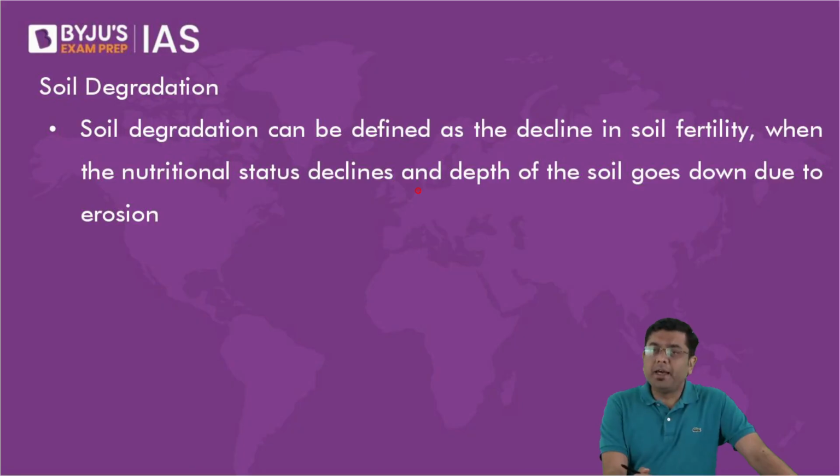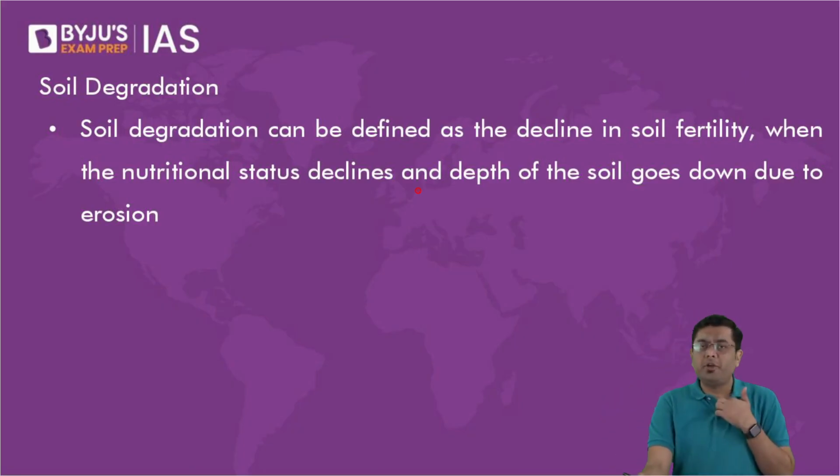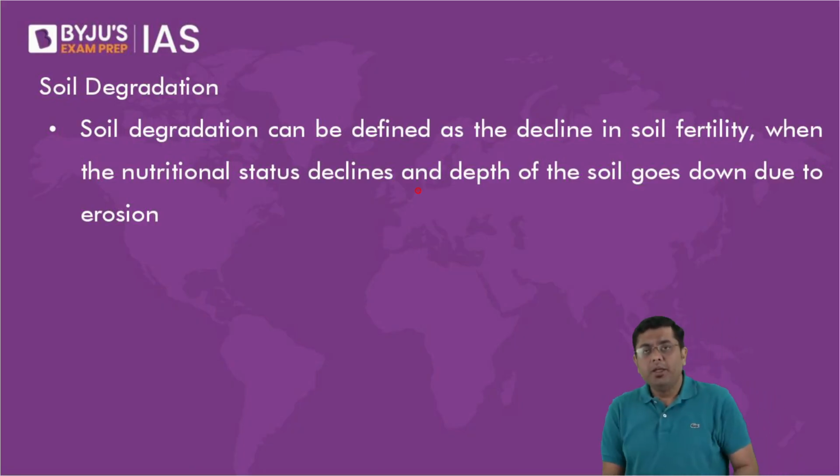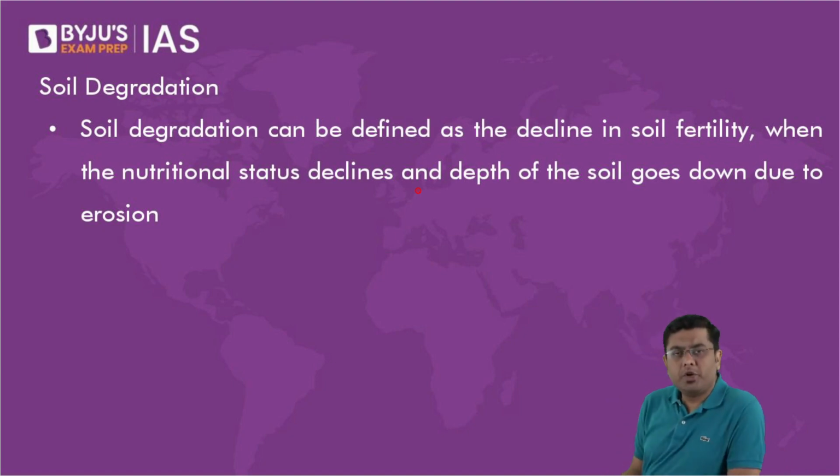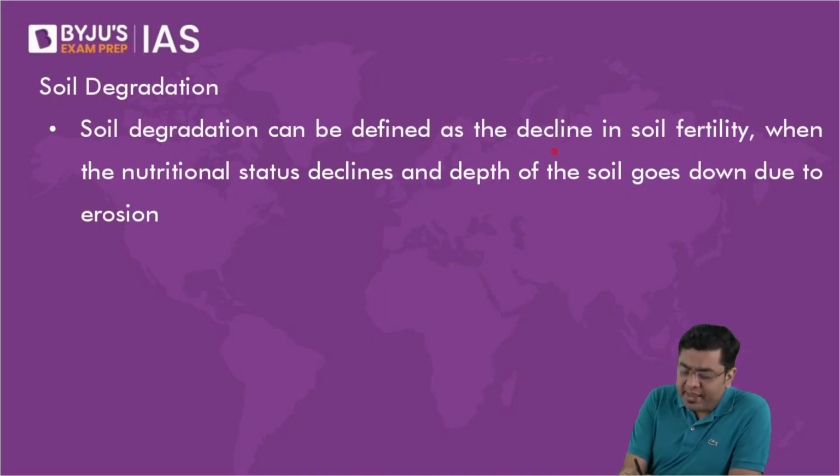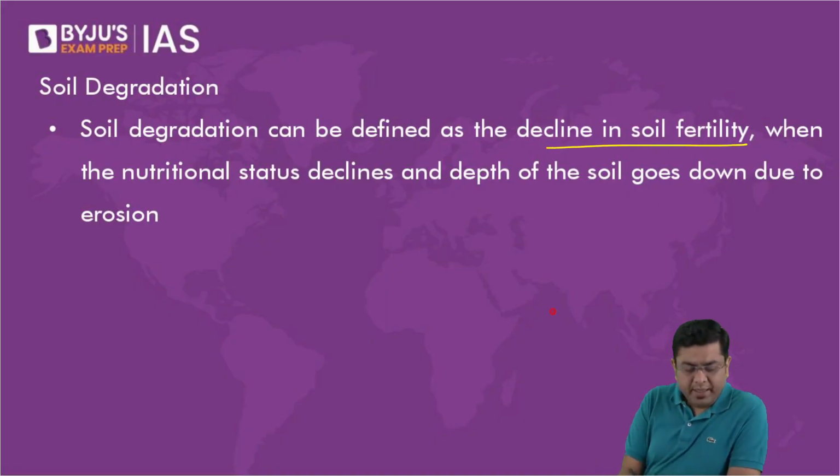Now, then we come to the process referred to as soil degradation. So, what do we mean by degradation of soil? Degradation of anything is what? Reduction in quality. That is what degradation is. So, it is the decline in soil fertility. Now, that decline in soil fertility can happen due to either way.